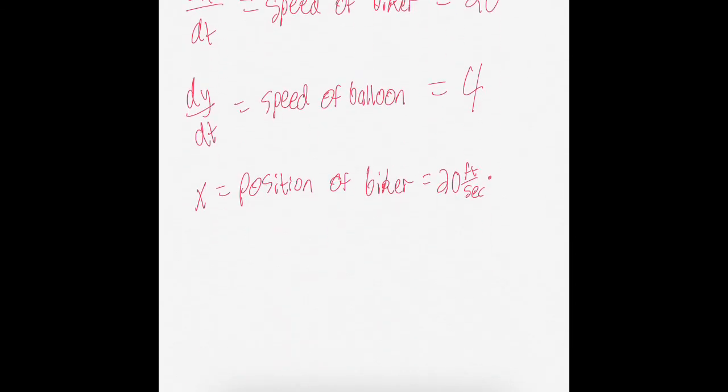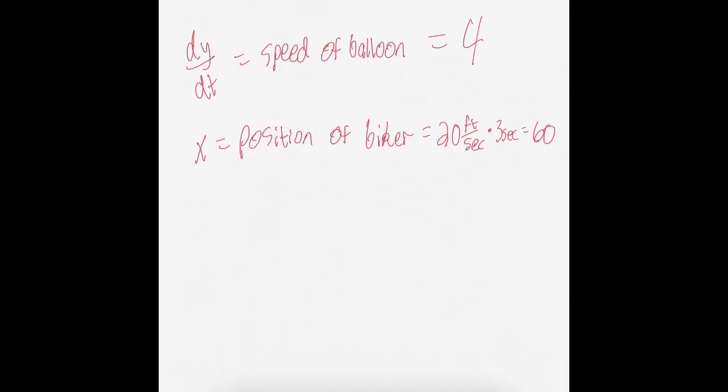And this is important, we want this at t equals 3, right? We want ds dt at t equals 3. So it's going 20 feet per second, and we want it to go for 3 seconds. So that gives us that x equals 60.